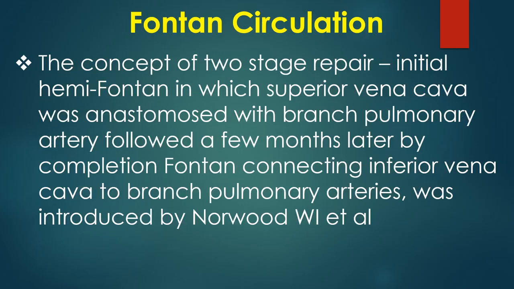The concept of 2-stage repair, initial hemi-Fontan in which the superior vena cava was anastomosed with a branch pulmonary artery, followed a few months later by completion Fontan connecting inferior vena cava to branch pulmonary arteries, was introduced by Norwood and colleagues.